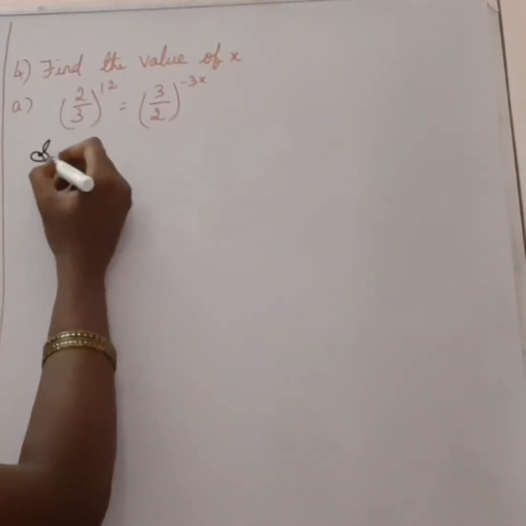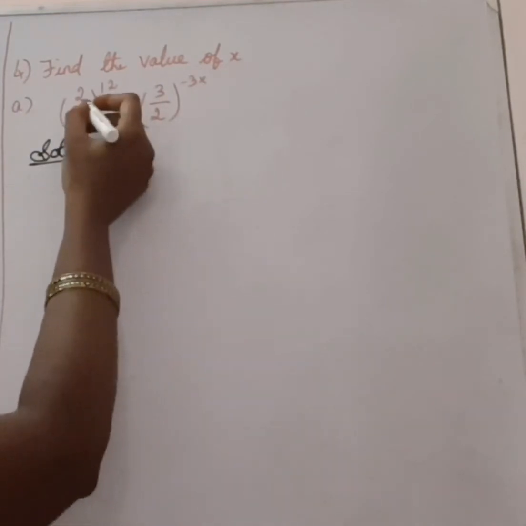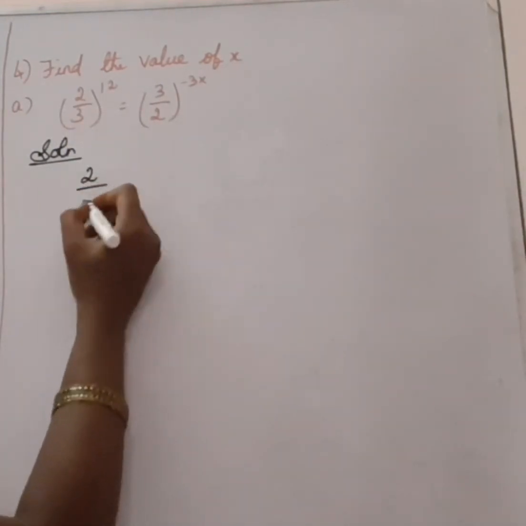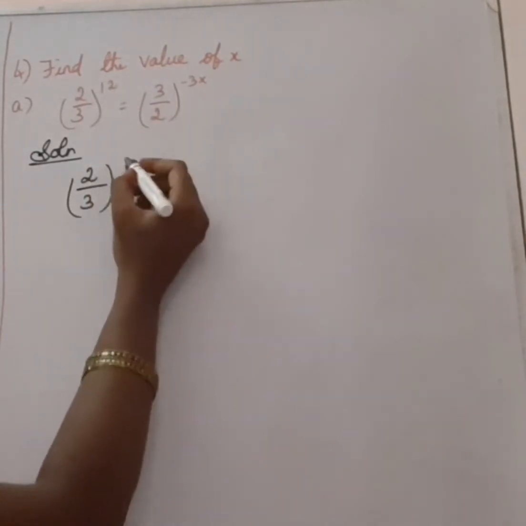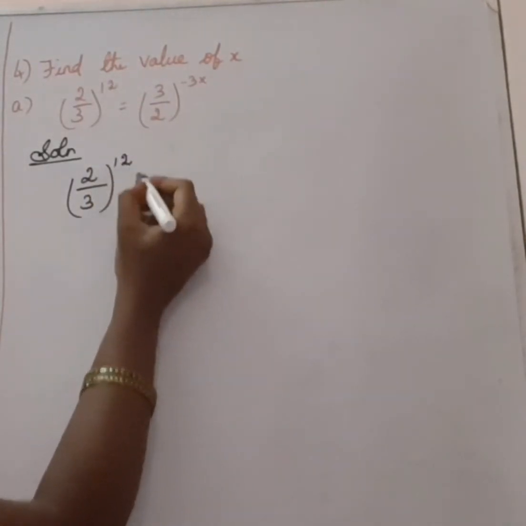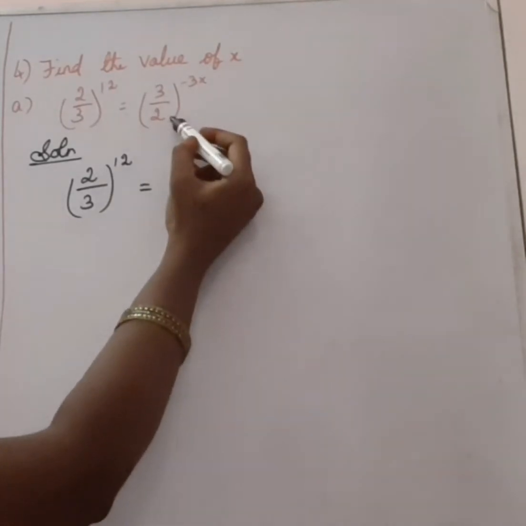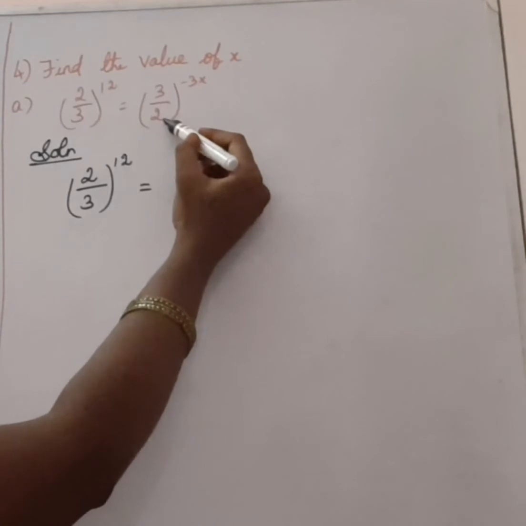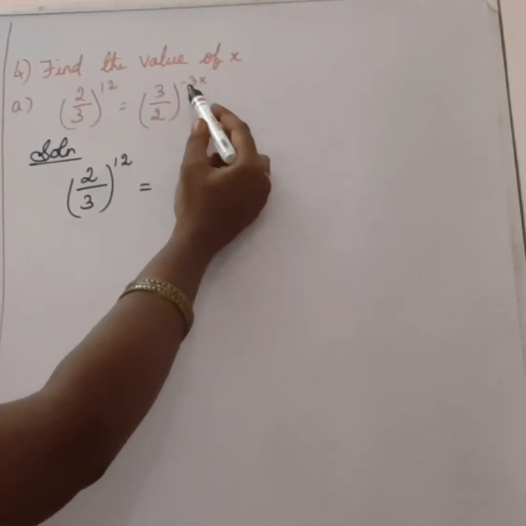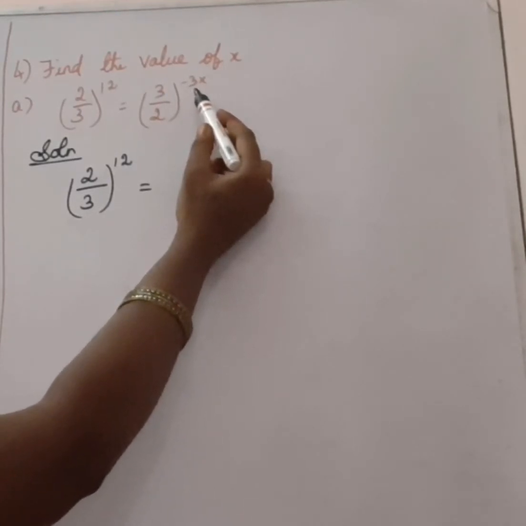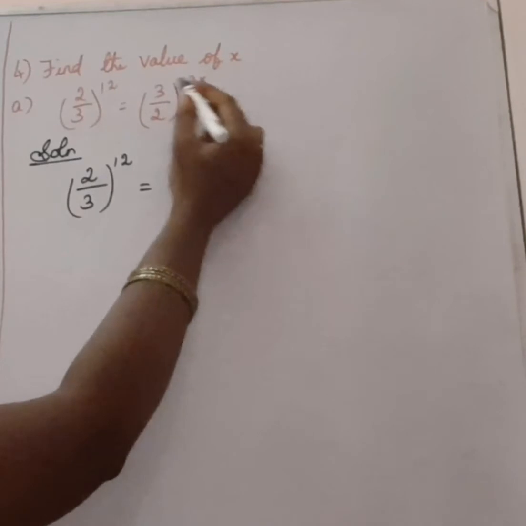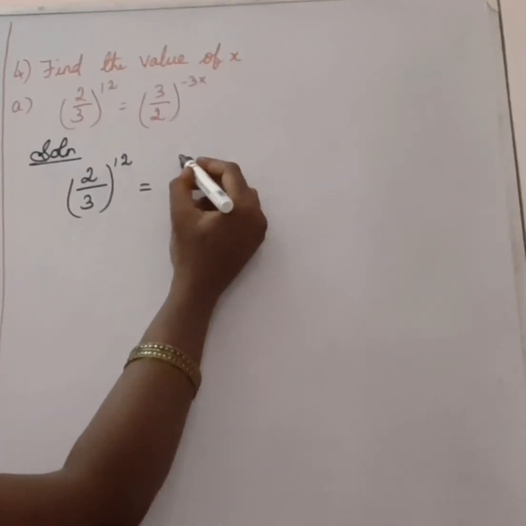The LHS will come as it is, because it already has a positive power and the base is 2 by 3. In the RHS the base is different and the exponent is negative, so convert that into a positive. So what do we get? We want to take a reciprocal of 3 by 2.